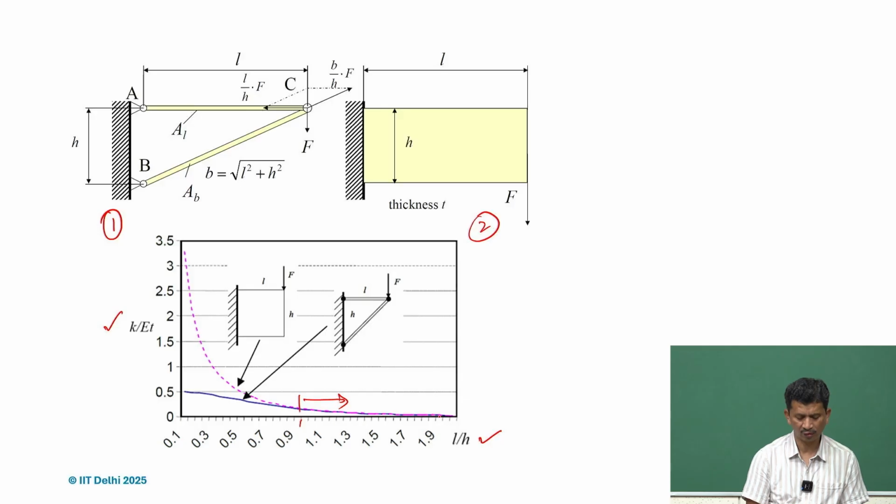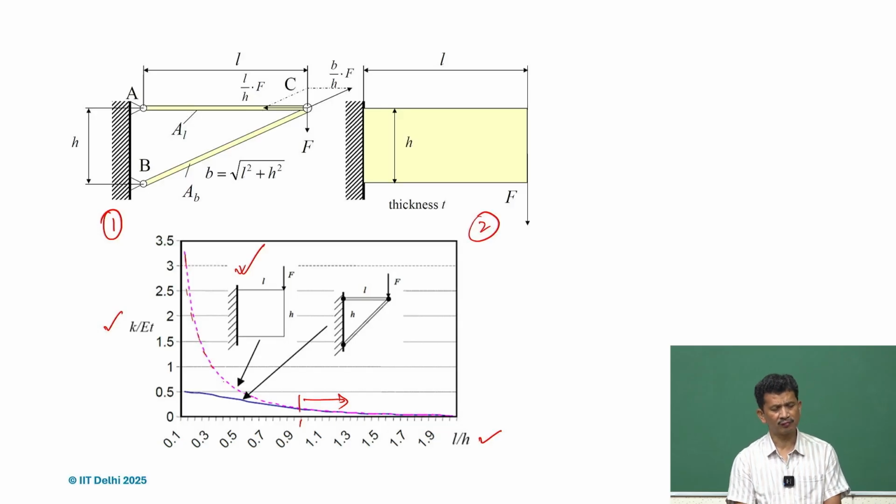So, both will follow the same path. As L over H becomes smaller than 1, so if it is getting shorter, the sheet will have higher values. The main reason is that when it is getting shorter, the bending stiffness plus the shear stiffness, because it is short, will come into the picture, and therefore the stiffness will be way higher.